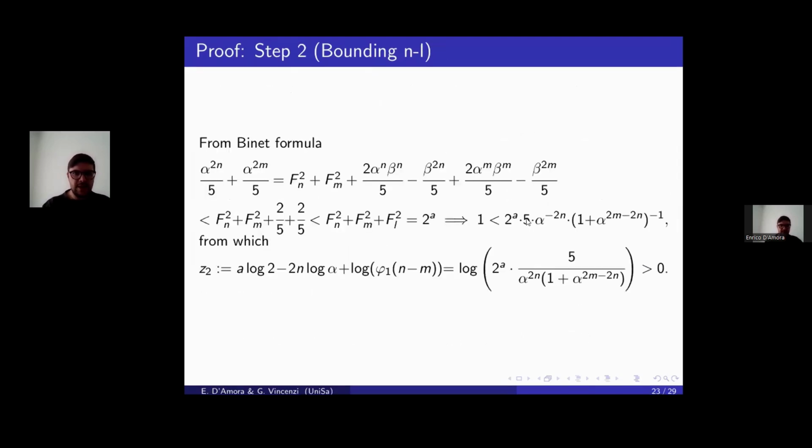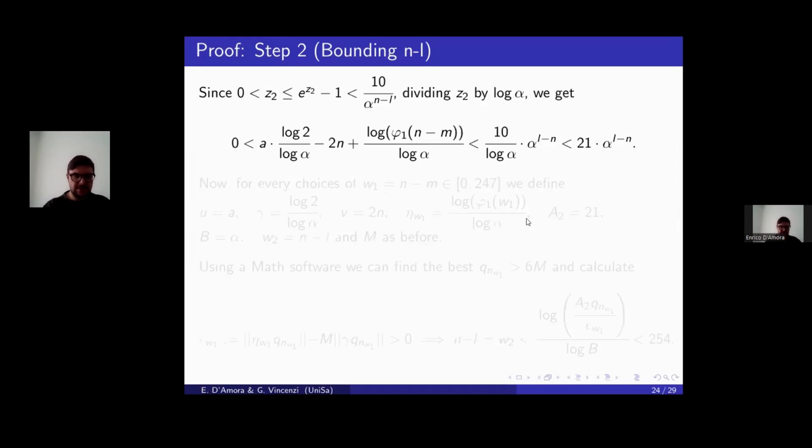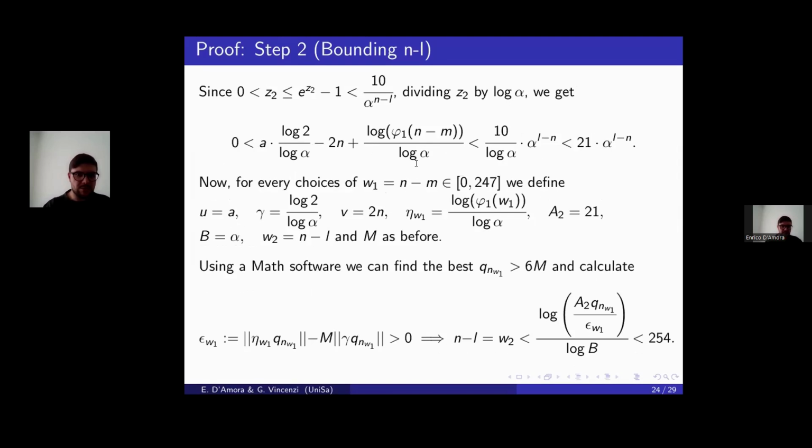Okay, now we do the same for the second step, observing that now n minus m assumes numbers from 0 to 247. So the bound we obtain is the biggest one that contains all bounds for every value of n minus m.